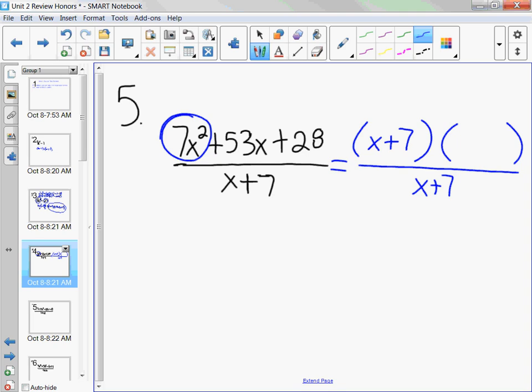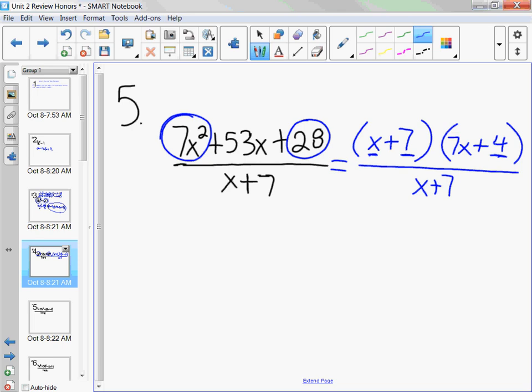So 1x, which I put right here, which we already have an x plus 7, times 7x would give me 7x squared. I also know to get the last number in this trinomial, I got to multiply the last numbers together. 7 times whatever number goes right here. Well, I know 7 times 4 is 28. I also know that those are both plus, so these are both plus right here.